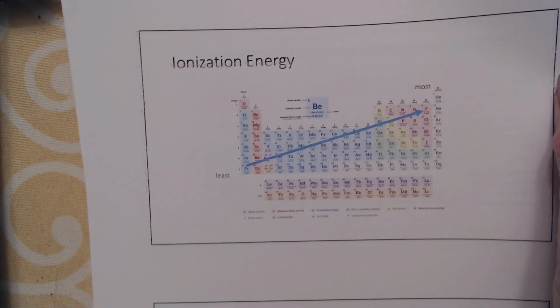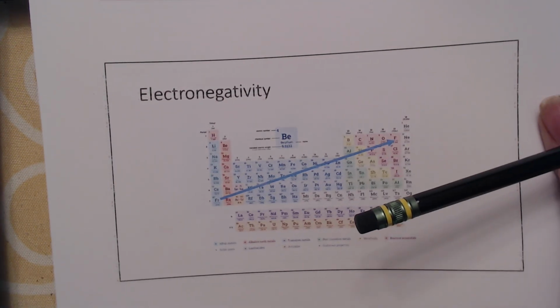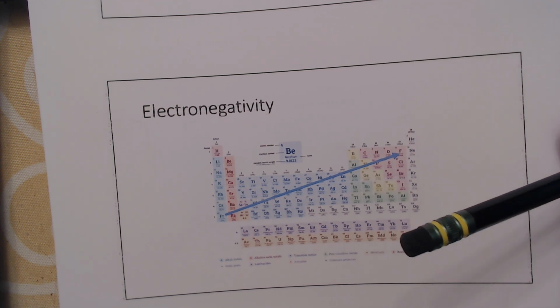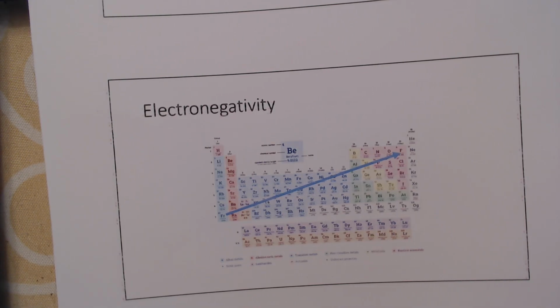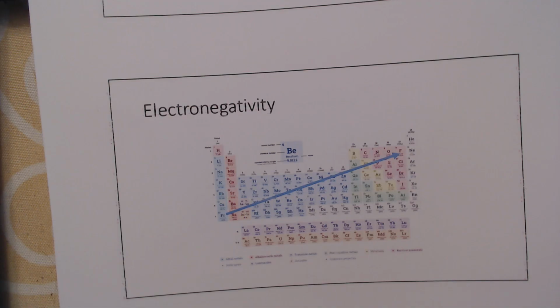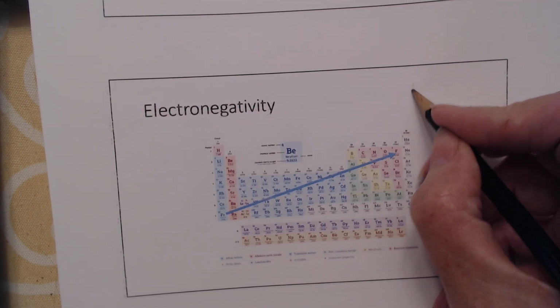All right, so let's get into periodic trends. The biggest one to know, actually, I'm going to skip down to the bottom page here of your handout, and that is electronegativity. We'll be talking about this throughout the entire year. So what is electronegativity? It is the ability to attract electrons.